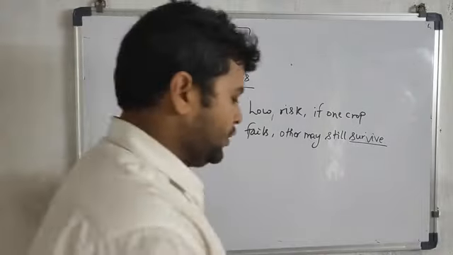Now we are going to discuss the next and last cropping pattern, that is intercropping, and it is the advanced method of mixed cropping. Why am I saying intercropping is an advanced method of mixed cropping?